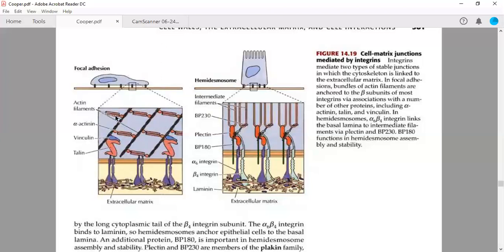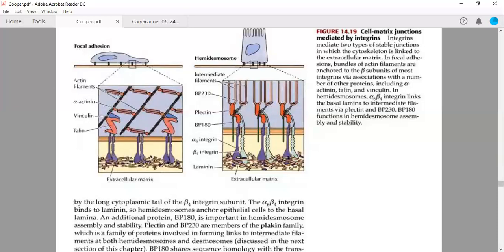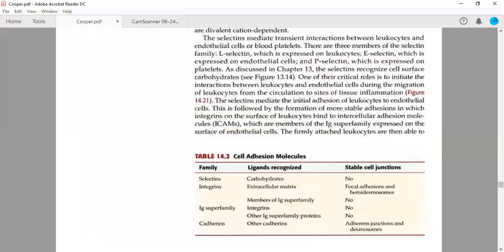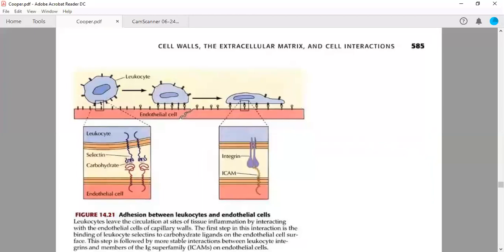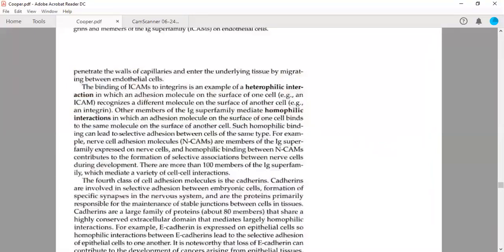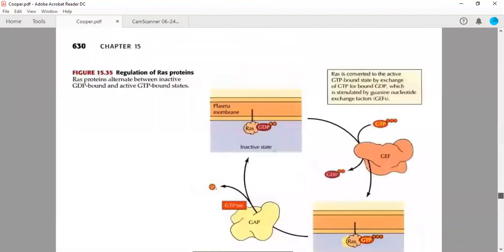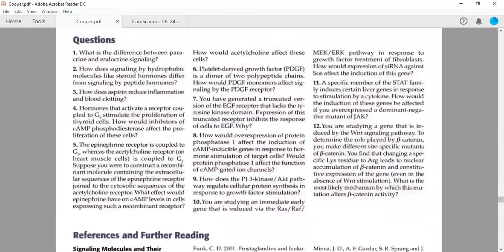So these are actin filaments, and they are interacting with alpha-actinin and other proteins, talin and vinculin, so that they control overall cell shape and movement of the cells in the tissues. Okay, now we are coming back to our class.